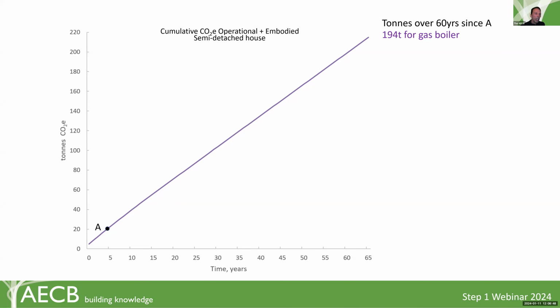So 194 tons for the gas boiler since point A, that's 60 years. A is the point where we might retrofit, and we'll see that here. If we do a full carbon light retrofit without an air source heat pump, we get a line that comes out like this.